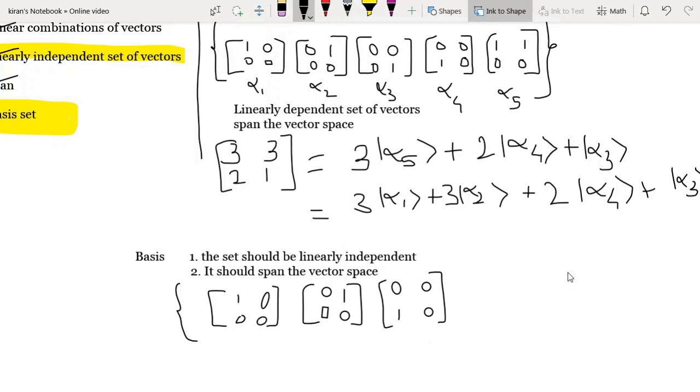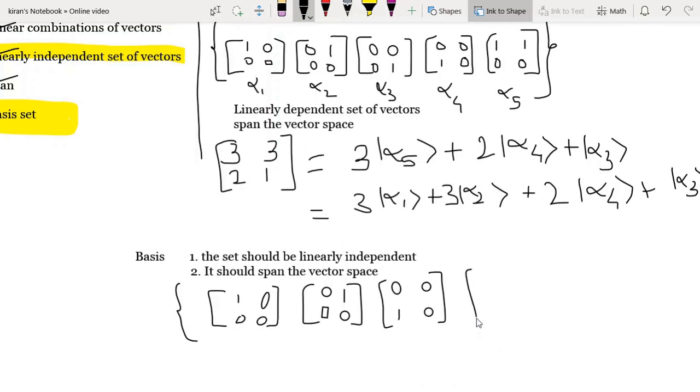For example, if I want to represent this, I cannot represent it using these, because I could not represent this one using these vectors. So this is linearly independent, but it does not span the vector space. So does it form a basis? No, it could not form a basis.